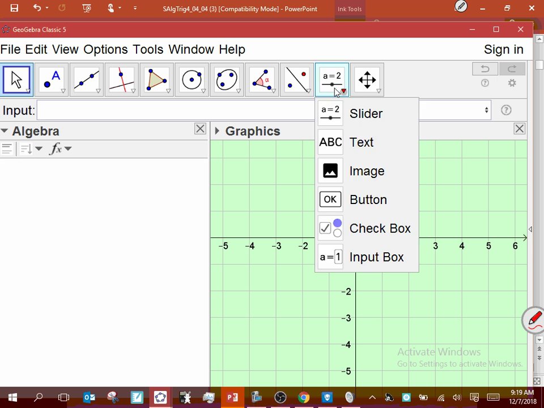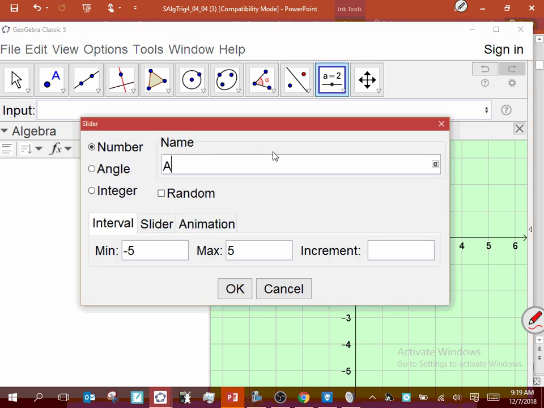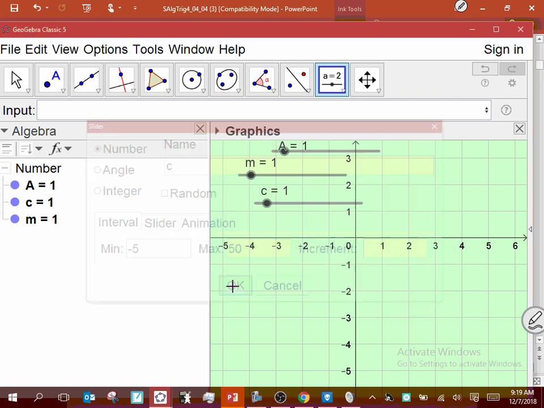If I just choose a slider, whatever, doesn't matter. I want M as our base. Put M, A, and C as our exponent, right?